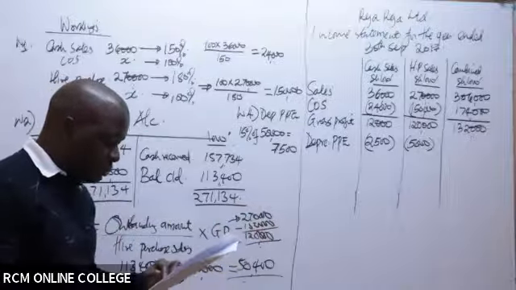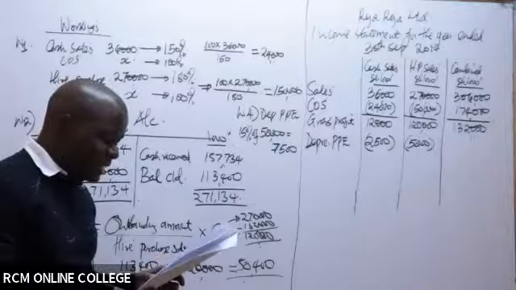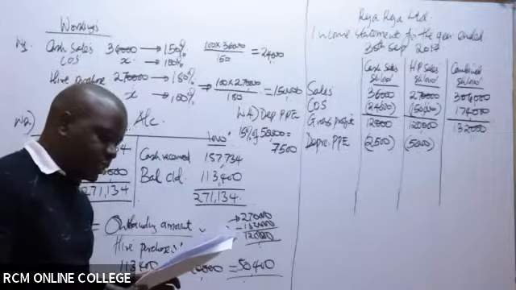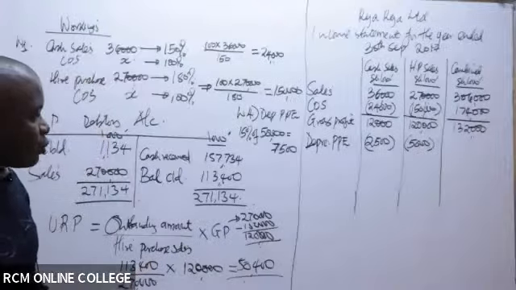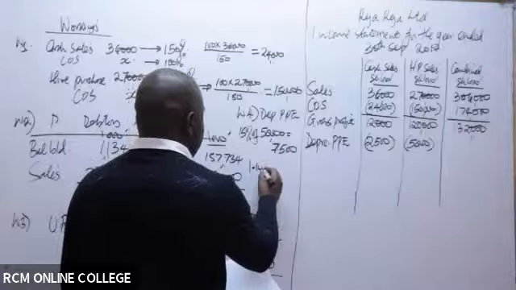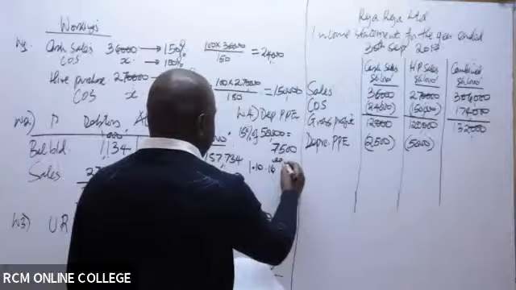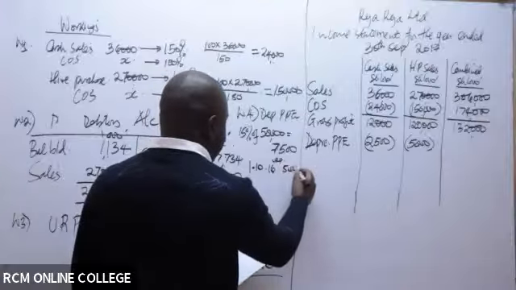In our trial balance here, there is provision for unrealized profit at the start of the year. 1st of October 2016 was 504. So by the time they were starting the year, there was an unrealized profit provision of 504.